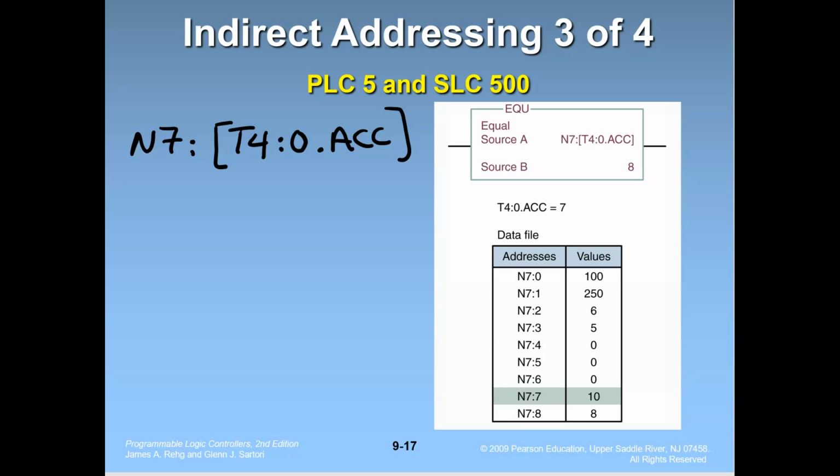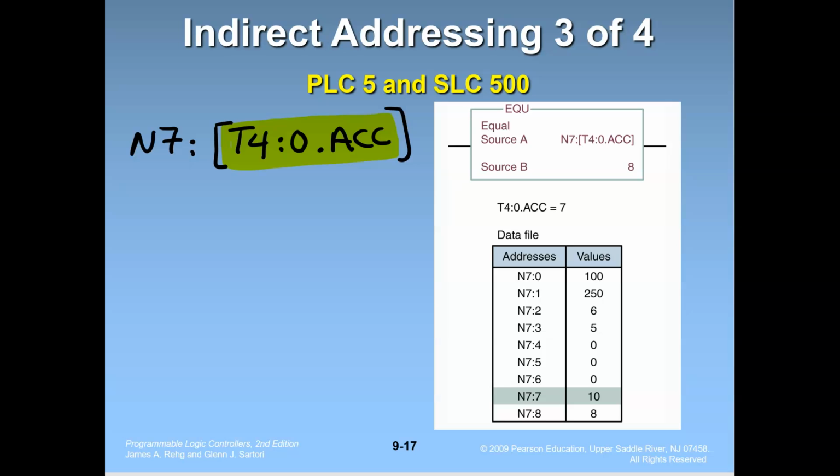So what should I do? First, I have to look inside the bracket. Inside the bracket, I have a logical address which is referring to the accumulator value of my T4:0. So first I have to go to the timer file. The first timer, which is timer 0, has an accumulator. I have to check the accumulator of T4:0.